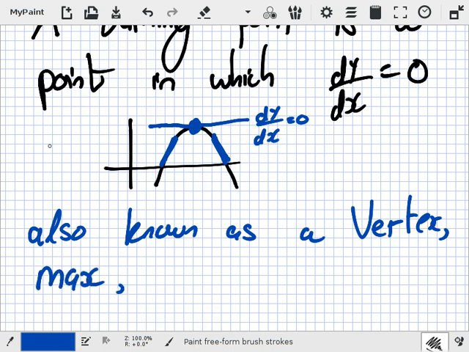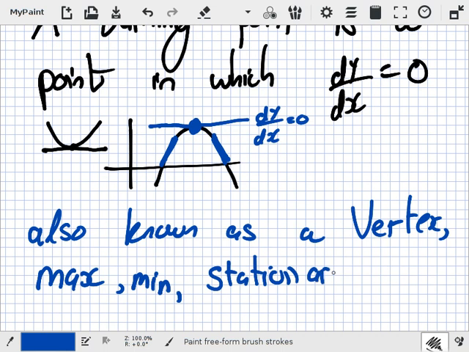But of course, I could have drawn my graph upside down, so it could easily have been a minimum point as well. It's also called a stationary point, etc. So there are many different names for this, but it's all the same idea, that the slope of the tangent is 0.